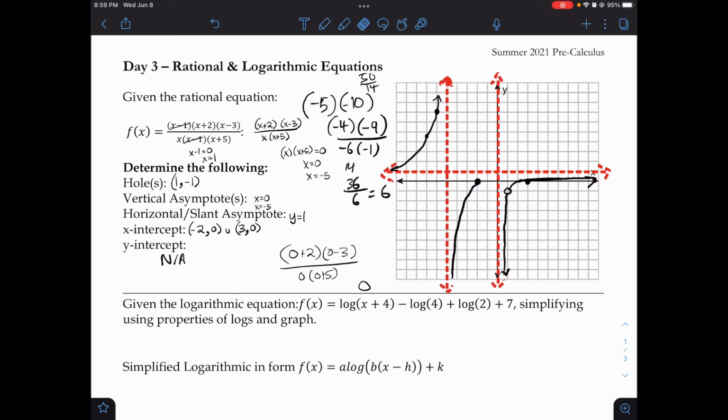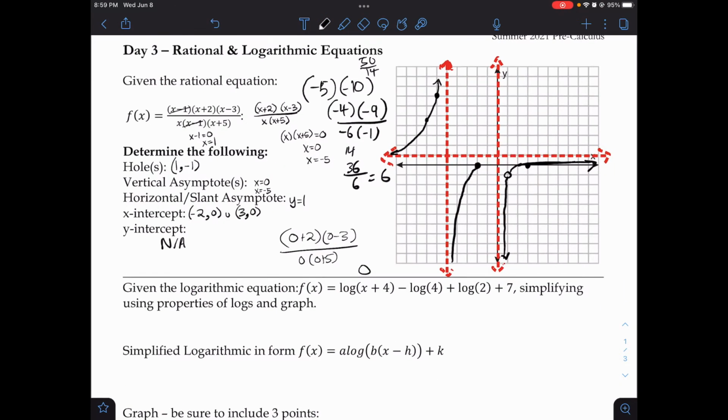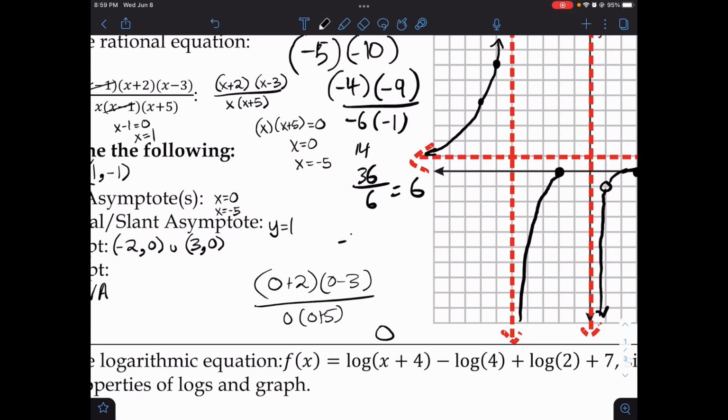So let's figure that out. Let's plug in this point right here, which is a -1. So when we plug in a -1, we get a -3 times a -4, then over a -1 times 4. So we get -12 over -4, which is a 3.